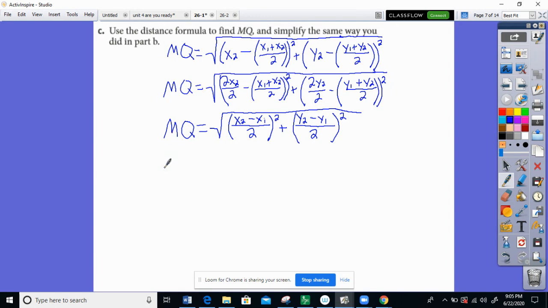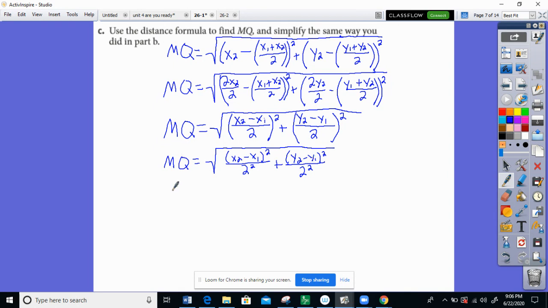All right, same thing as before. When we square a quotient, when we square this fraction, we're really squaring the numerator, but also squaring the denominator. Sorry, I wanted to do that as just the y2 minus y1 in parentheses over 2 squared.